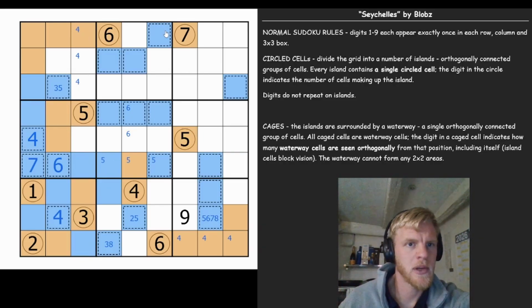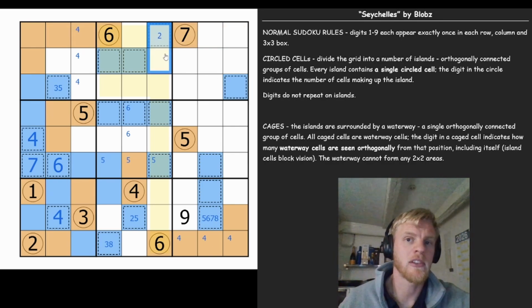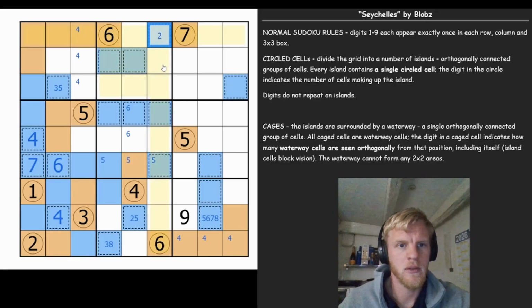Okay, can we pencil mark in more boxes? I think there can't be a 1 on a water cell, right? No, it's minimum a 2 because it needs to be connected to something like this. And the maximum we could do here actually is 9. 2, 3, 4, 5.